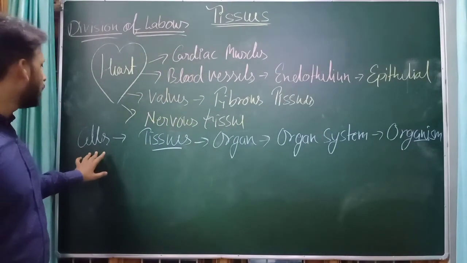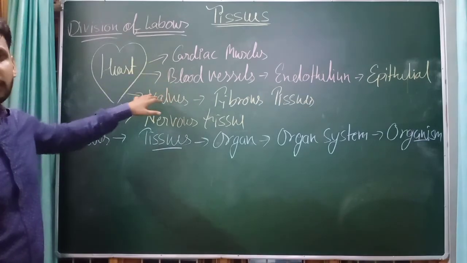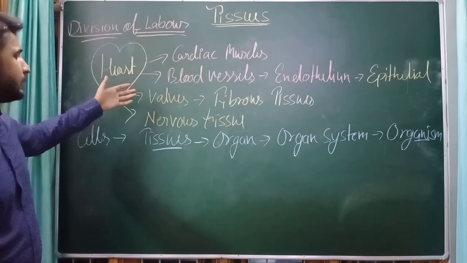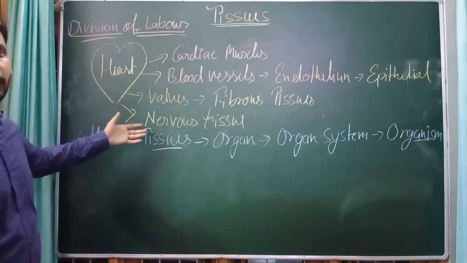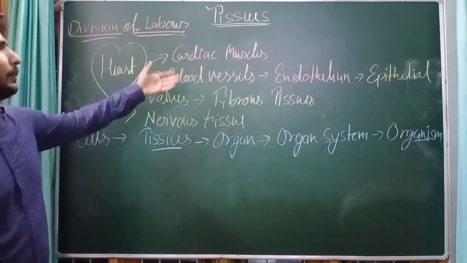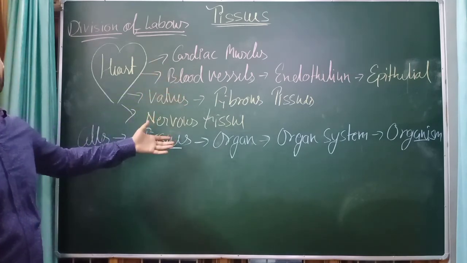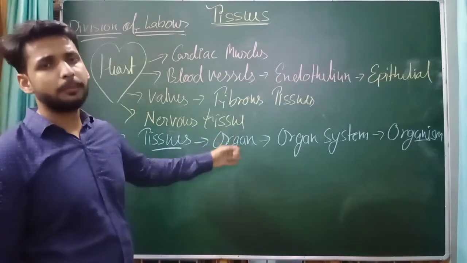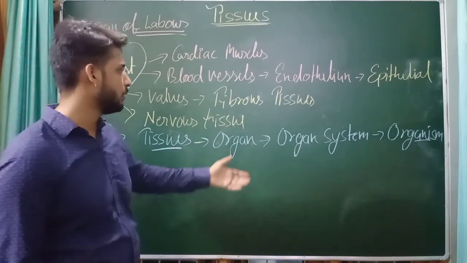Cells, for example RBCs, WBCs, muscle cells, nerve cells. Tissues: different types of tissues, epithelial tissue, connective tissue, fibrous tissue. Organ: heart, blood vessels, arteries, veins.